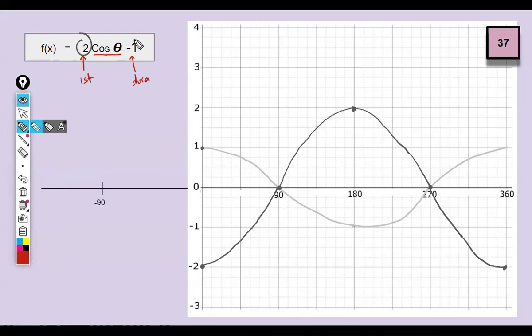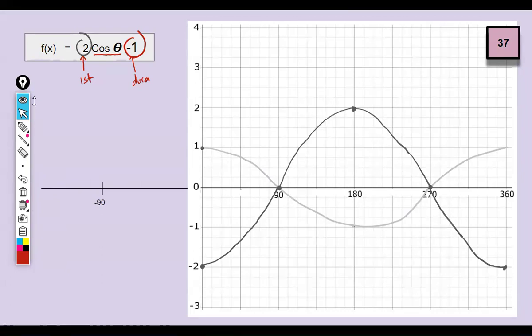Now, Dora is straightforward. She only affects the y values, and if it's -1, you just subtract 1 from all the y values. You can use a little common sense here. If you are subtracting 1 from all the y coordinates, it only affects the height of the graph, not the horizontal orientation.